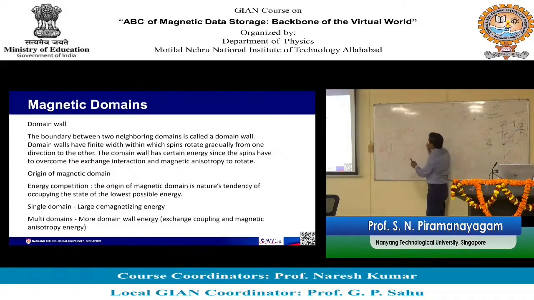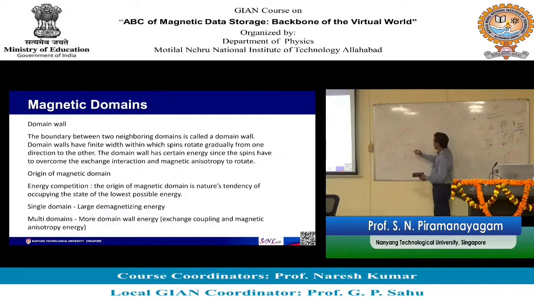So when there are more spins, it is like this system. Okay, the energy of the system is going to be high. On the other hand, let us say in some regions the spin has flipped. Okay. Now this is a state of low energy, right?